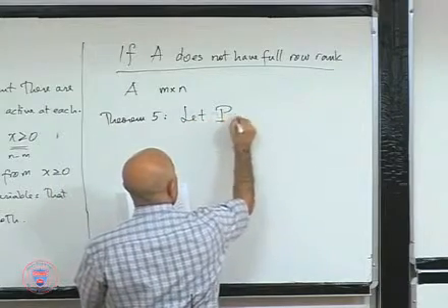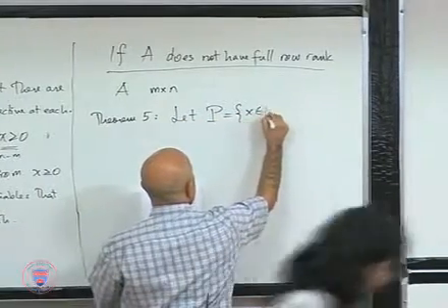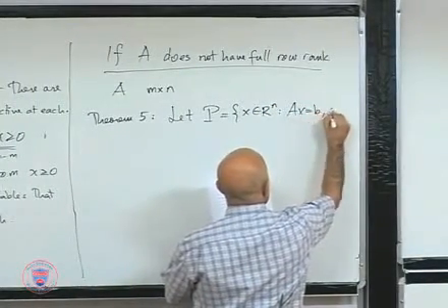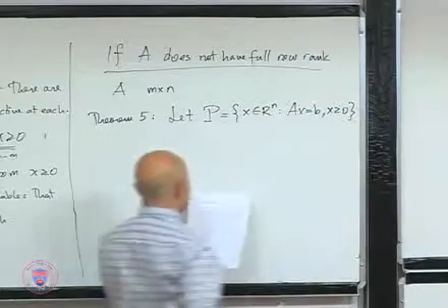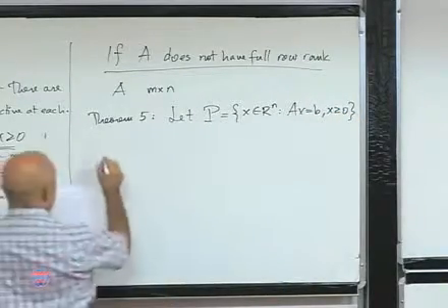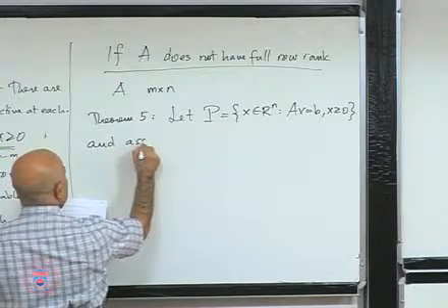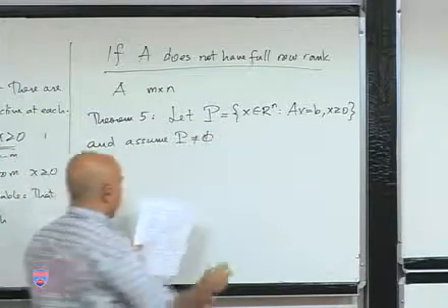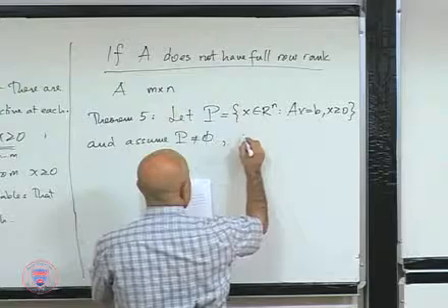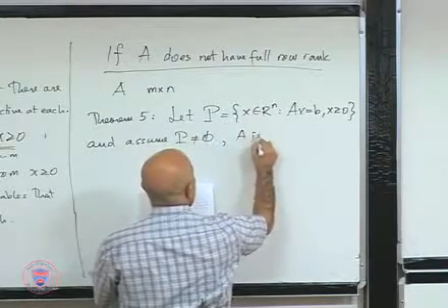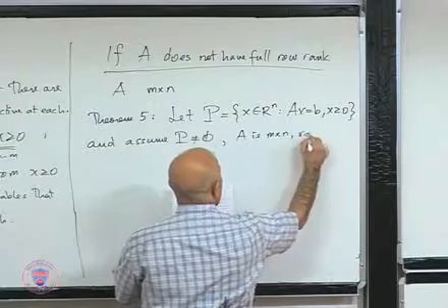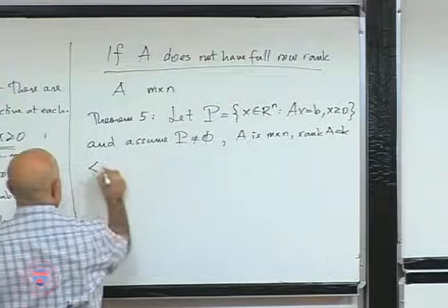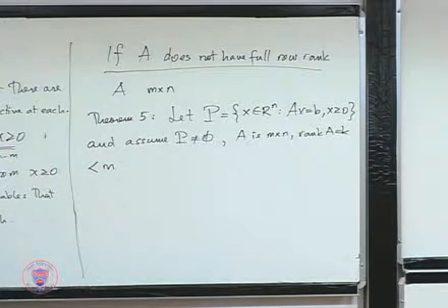So let P be the polyhedral set defined by Ax = b and x ≥ 0. That's the standard form polyhedron. And let's just assume P is not empty. A is m by n, and the rank of A is, say, k, which I assume is less than m. So it does not have full row rank.